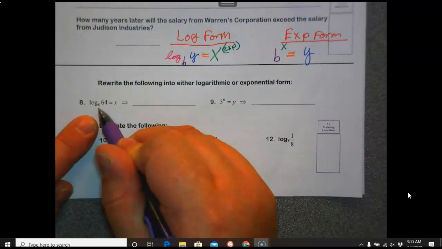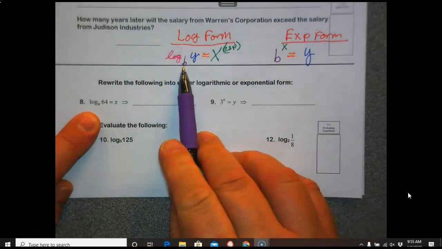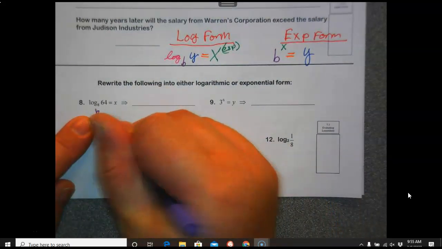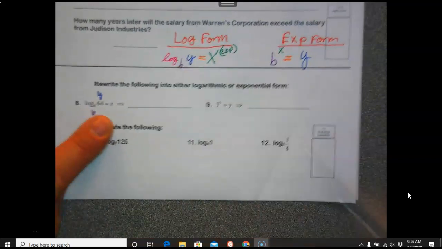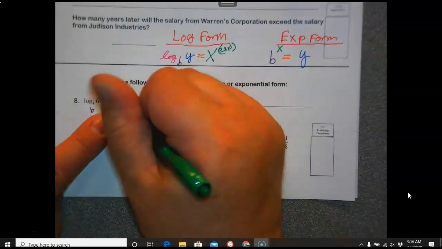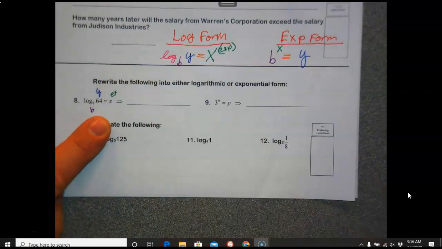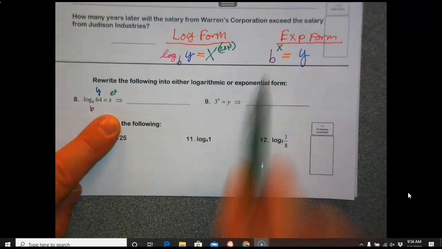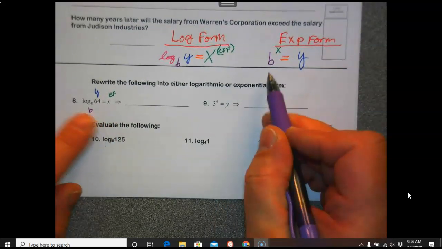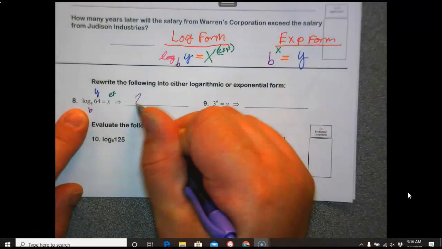Okay? Log base, now that's the base, 8. 64 is our y, and x is our exponent. Okay? So when I go to put it in exponential form, well, I need my base, which is 8.